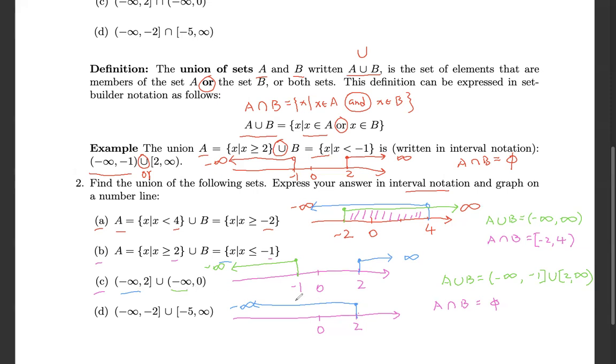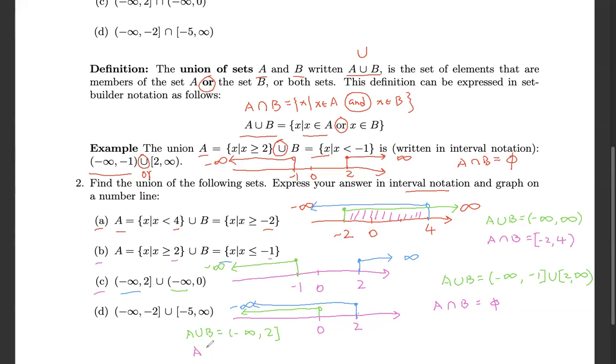The second one is from negative infinity up to 0, not including 0, open circle, also going to negative infinity. For the union, A union B is from negative infinity up to 2, including 2.